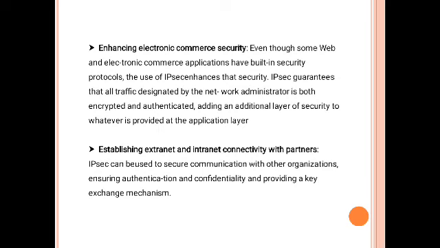Enhancing electronic commerce security. E-commerce means we do shopping in many online apps. We buy something, any dress or something, and we can do online payment. For this it requires IP security.